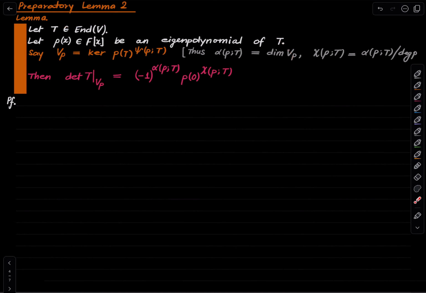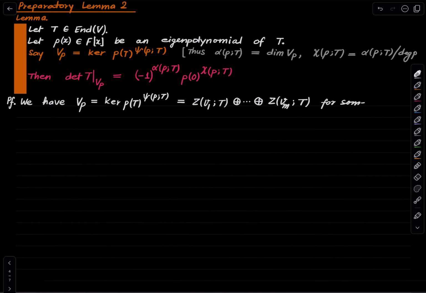Okay, so we will use the cyclic decomposition theorem. So we have Vp, which is by definition that thing, which is by cyclic decomposition theorem equal to that for some generalized polyeigenvectors, right?